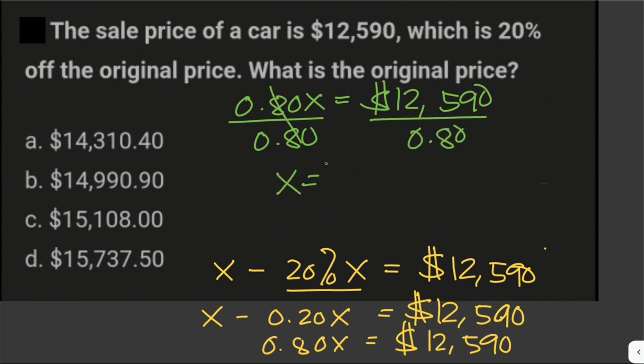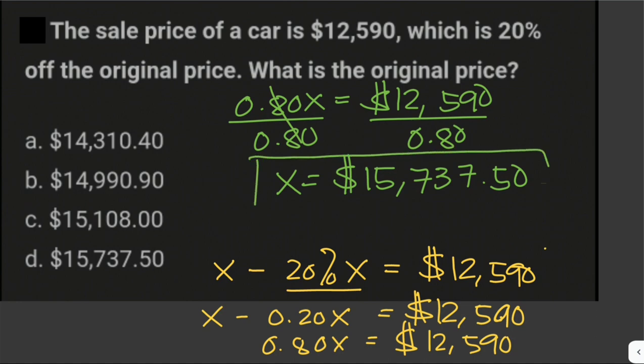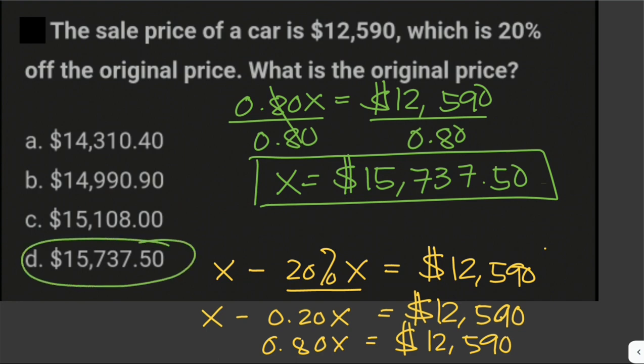Okay. So x is just equal to $15,737.50. So this is the original price. So the answer here is letter D.